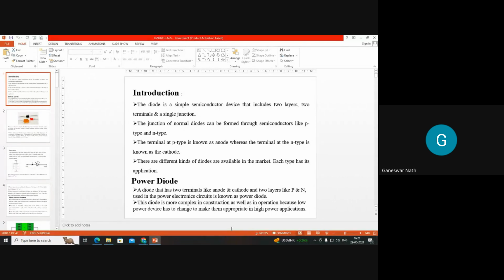Nowadays we need low power devices with greater efficiency, because we always require a small amount of power but high efficiency. On that basis, diodes made for this are called power diodes, and they are used in high power electronic circuits. I'll come to that in due course.